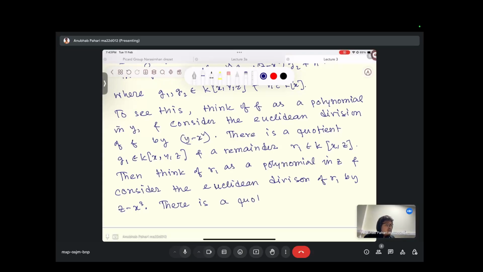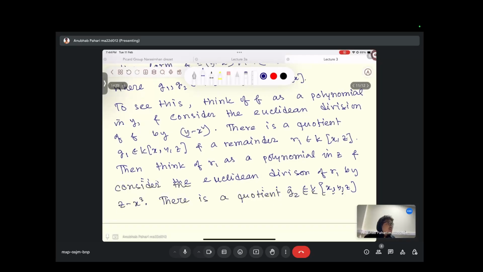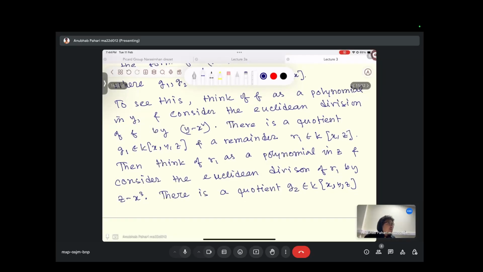There is a quotient g2 in k[x,y,z] and a remainder h of k[x].